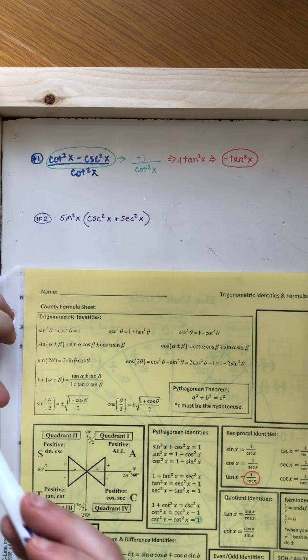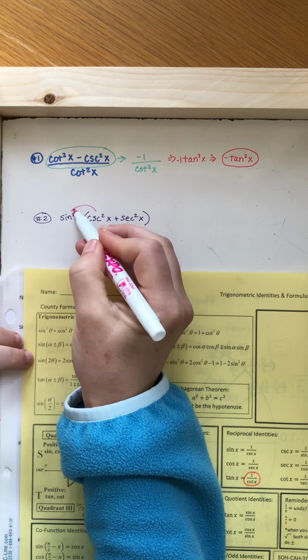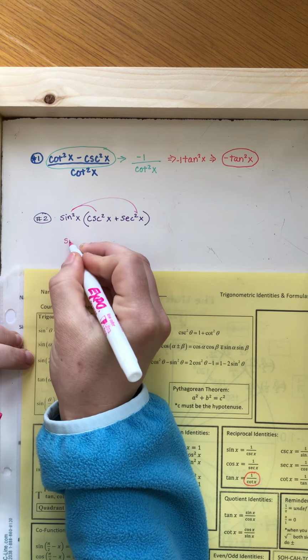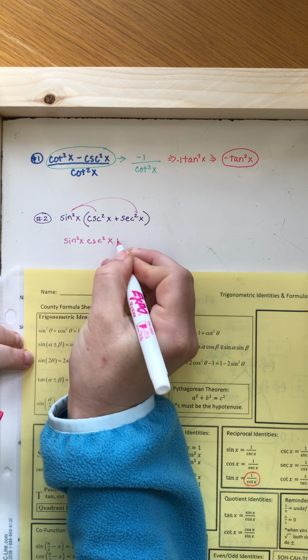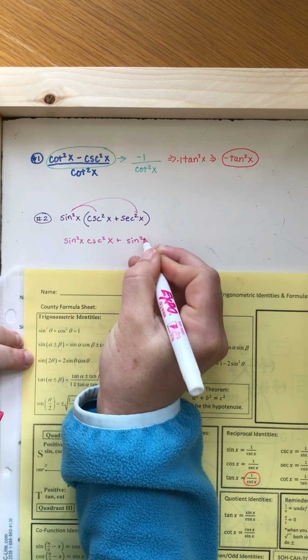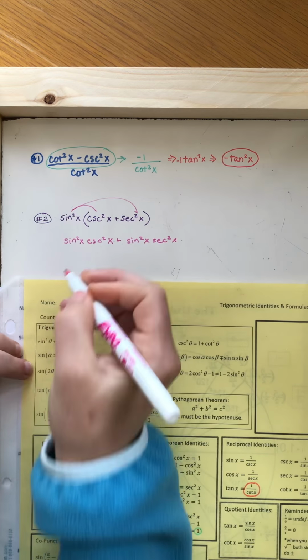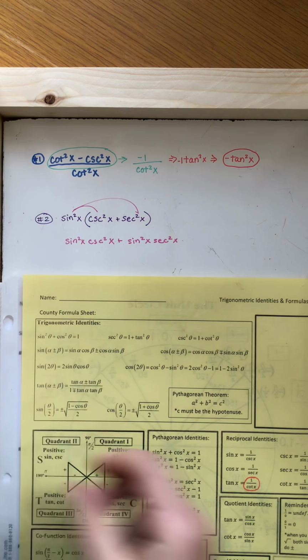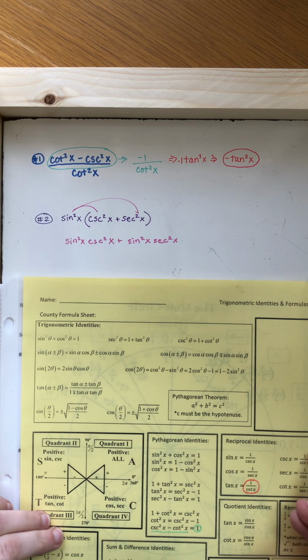Maybe this is one of those ones that we can distribute. So in this case, I would have sine squared x times cosecant squared x plus sine squared x times secant squared x. I can change my cosecant squared x to put it in terms of sine and cosine.